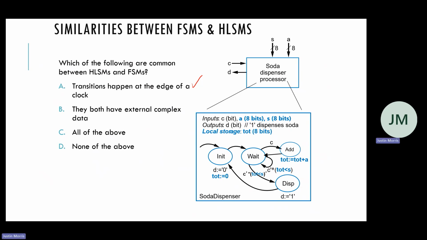But for a high level state machine, the first one we're seeing, we have two 8-bit inputs. Okay. That's different, right? And then based on these two, it's not this. And then because we said A, it's not this. So we like A, right?